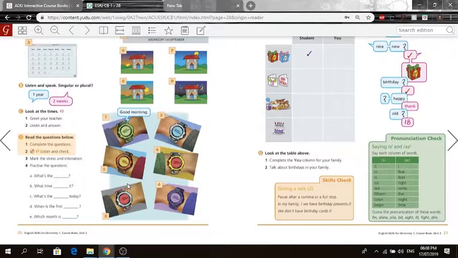So when someone asks me, what's the time? I go, hey, it's 10 p.m. It's 3 p.m. right now. It's 8 p.m. It's 8:45 p.m. You get the idea. When someone asks, what's the date today?